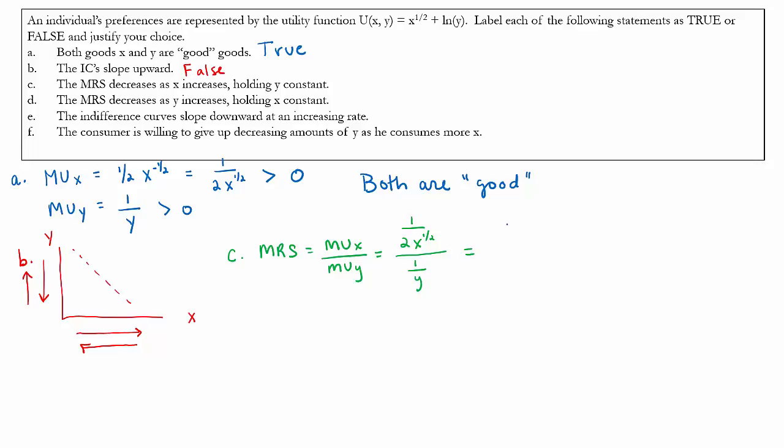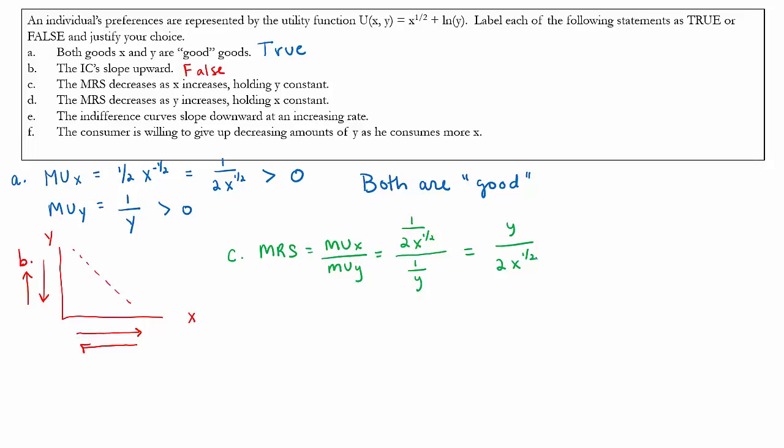This can be written as y over 2x to the power 1/2. So what happens to this fraction as x increases holding y constant? Well, first let's just look at it. X is in the denominator. So holding y constant, as x goes up, the denominator gets bigger, which will make the fraction fall.